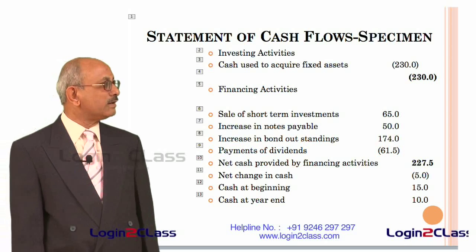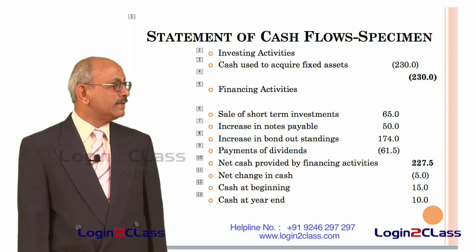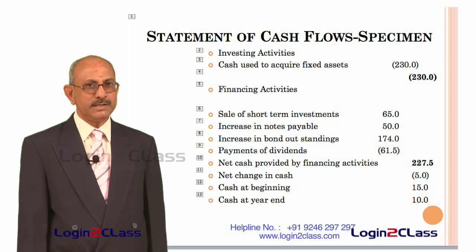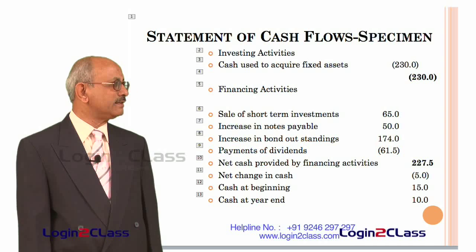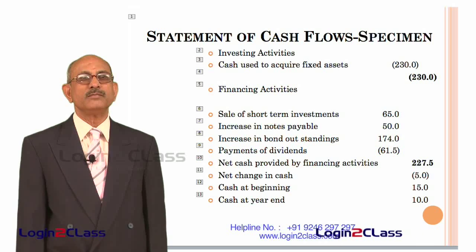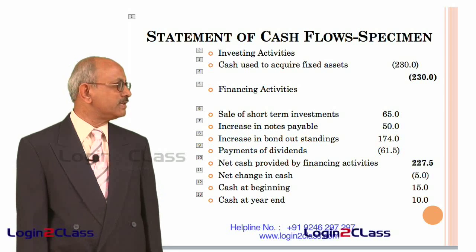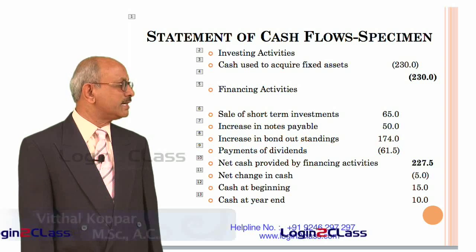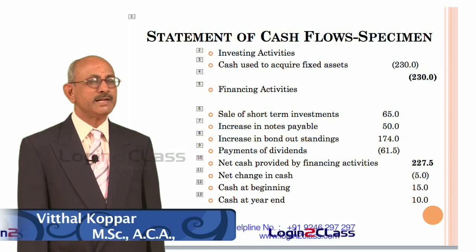So from the above example we can see that there has been a negative cash inflow in the case of operating activities and investing activities, whereas there is a positive cash inflow in terms of financing activities. What is the meaning of this? That means the entity has not been able to generate cash from its normal activities.